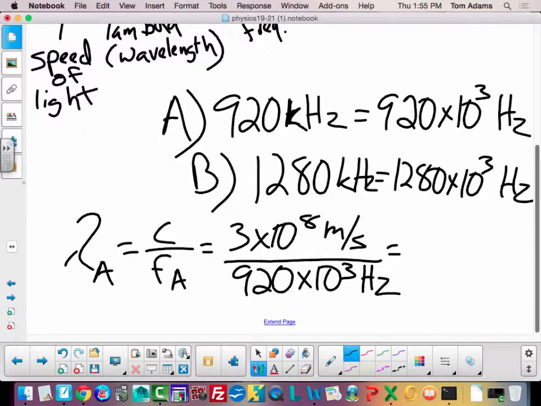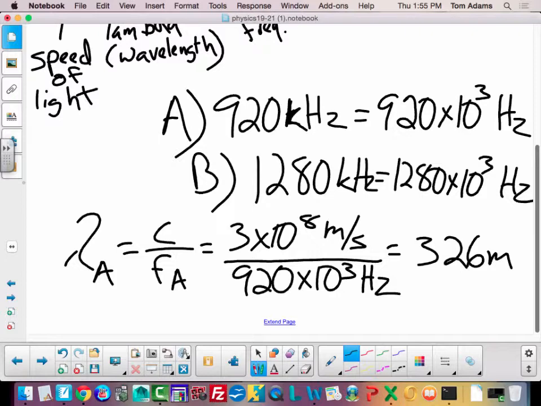If you multiply that out, it's 326 meters. So if you tune into an AM radio station and it's AM 920, the wavelength from peak to peak is 326 meters. That's a pretty long wave, right?